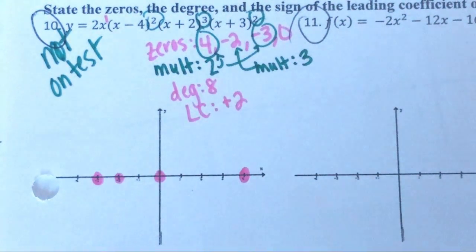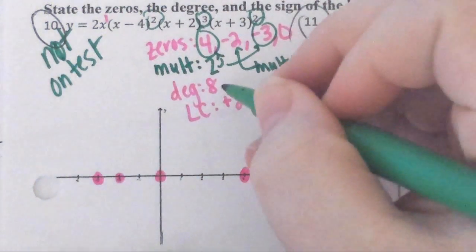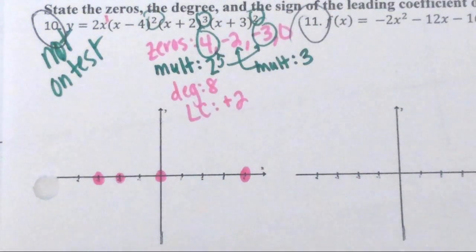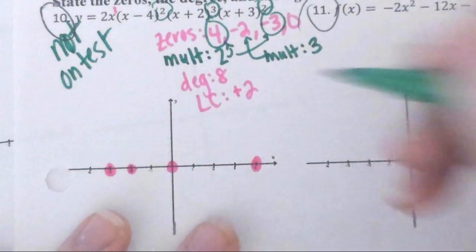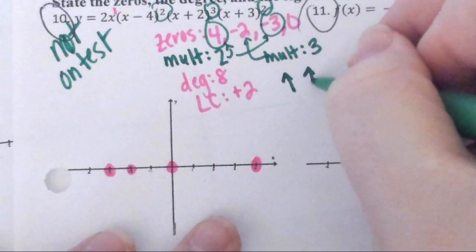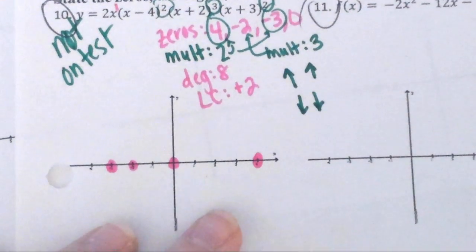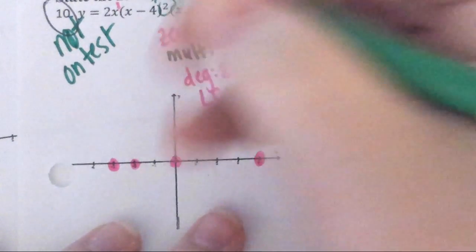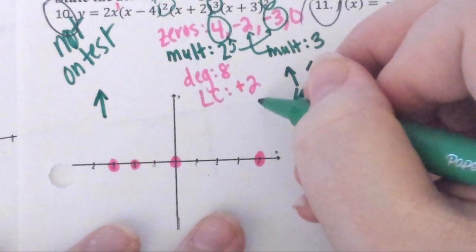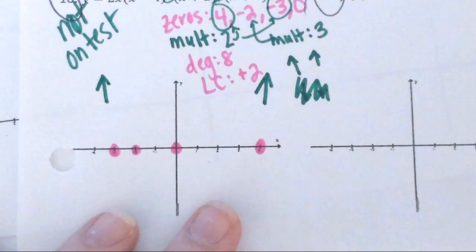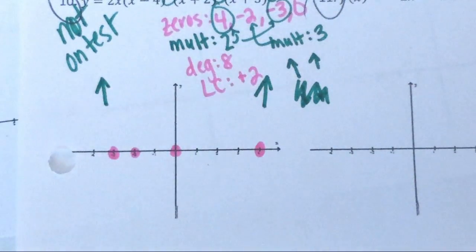Okay, so since we have an even degree and a positive leading coefficient, are both my ends going to be facing up to heaven? Or both my ends going to be facing down to hell? Up. So I know I'm going to end up looking like this. At the end, it's going to be an up. At the end, it's going to be an up. Now, I'm going to question mark some of the stuff in the middle, but at those ends, I'm going to do that.